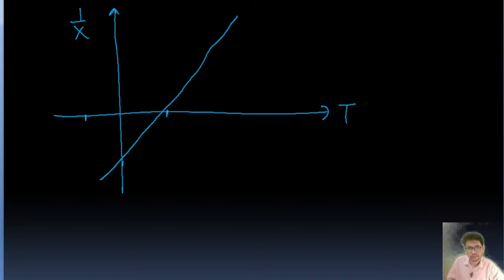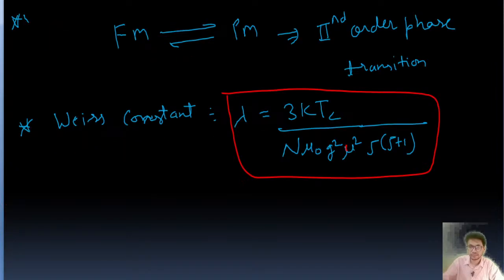This is a straight line, guys. This is at Tc, and this is Tc upon c. This is the Curie temperature, right? This is the Curie constant.